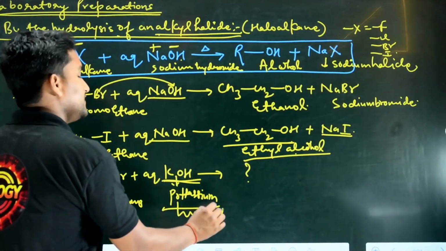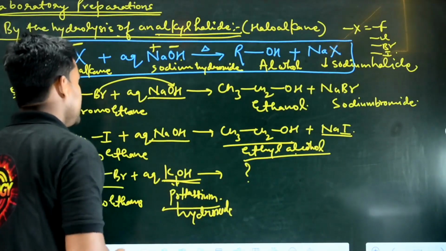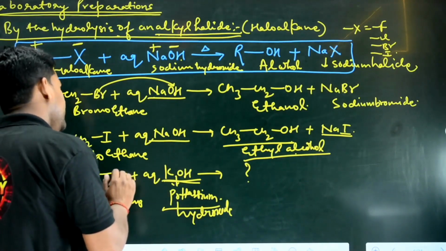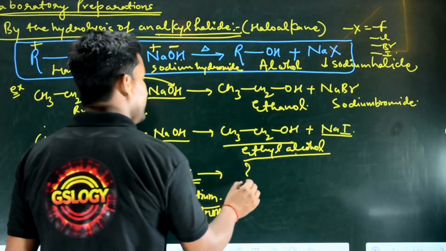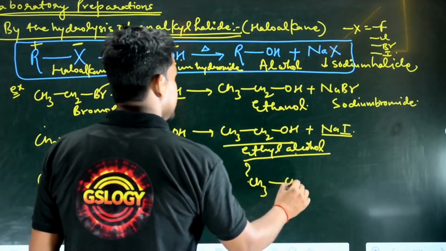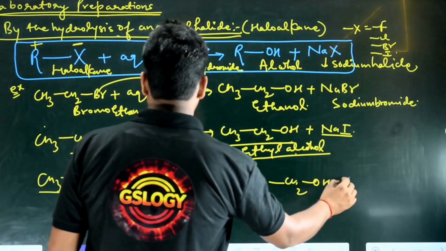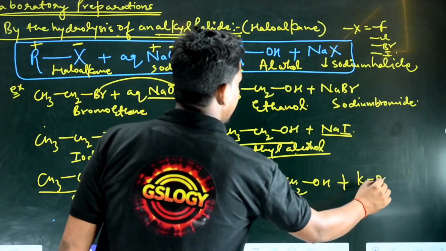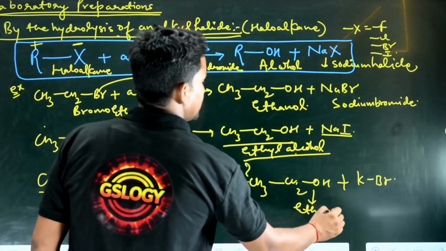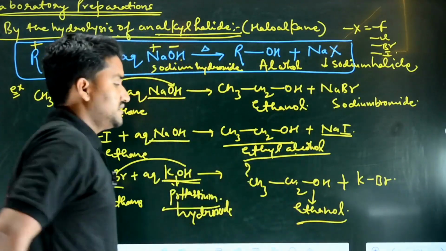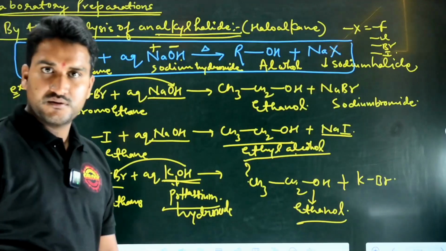When it is treated with aqueous KOH, then again similarly Br is replaced with the OH. Then it will form CH3CH2OH plus KBr. It is also ethanol. Clear everyone?